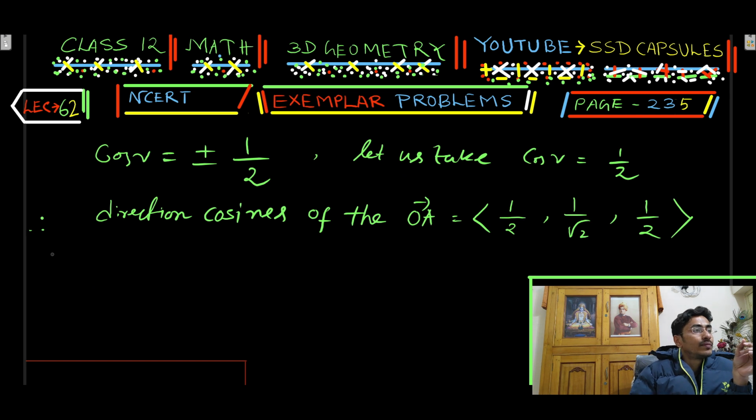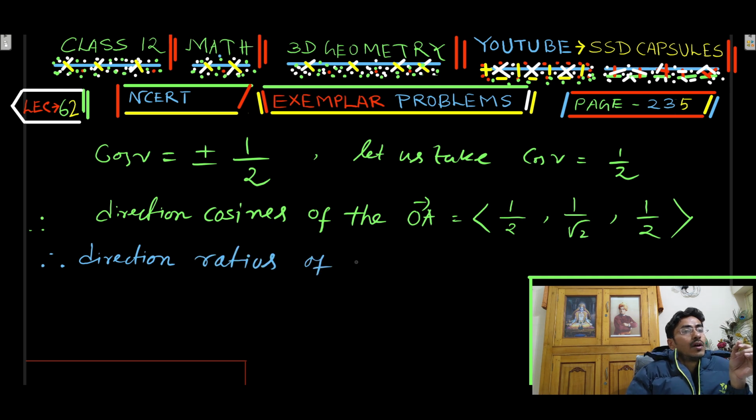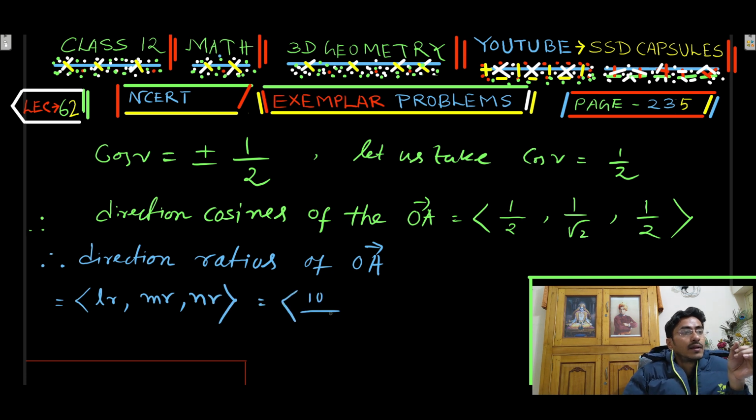Therefore direction ratios of the vector lr, mr, nr equal to 10 by 2, 10 by root 2, 10 by 2.